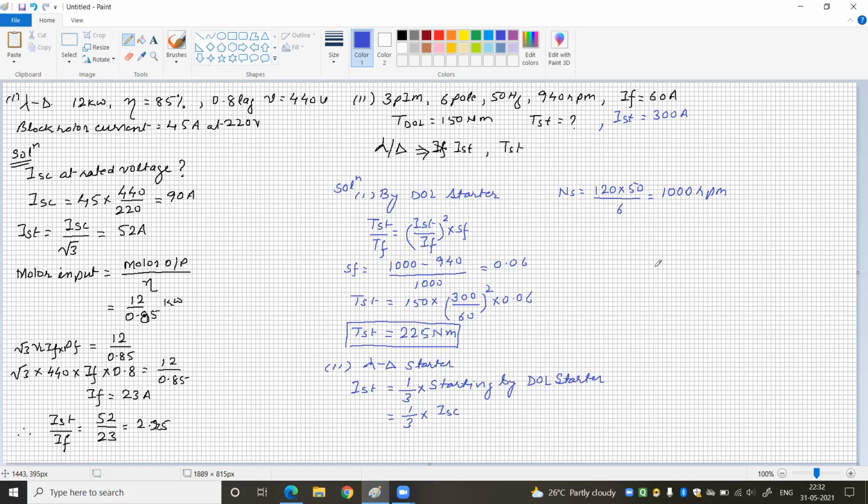Short circuit current means that when rated voltage is applied to the stator with the rotor at standstill condition. So it is just like a short circuit current.